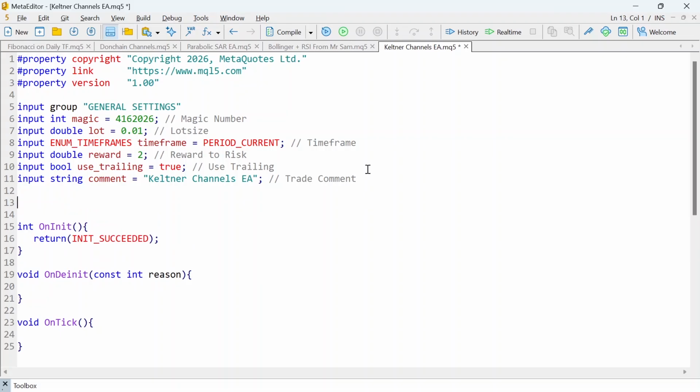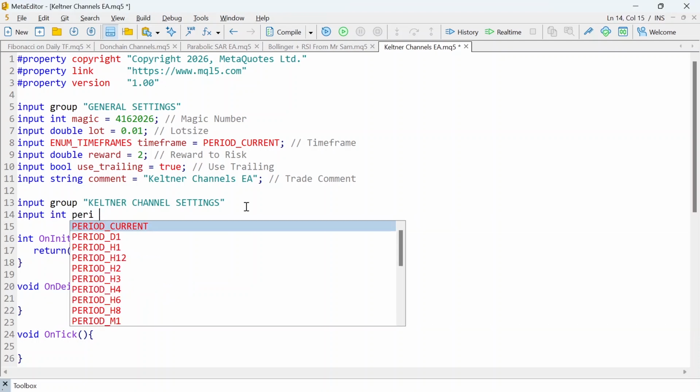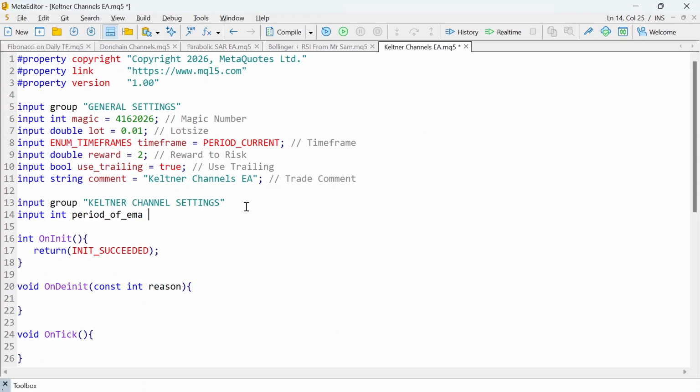Then I will have another group for the Keltner setting. Then what are the settings I want? I want the period of EMA, which is 20.